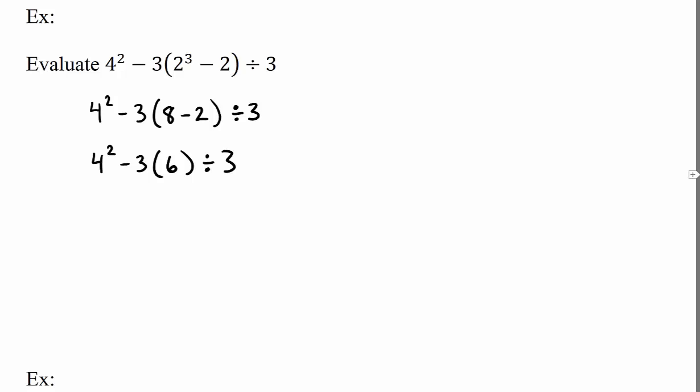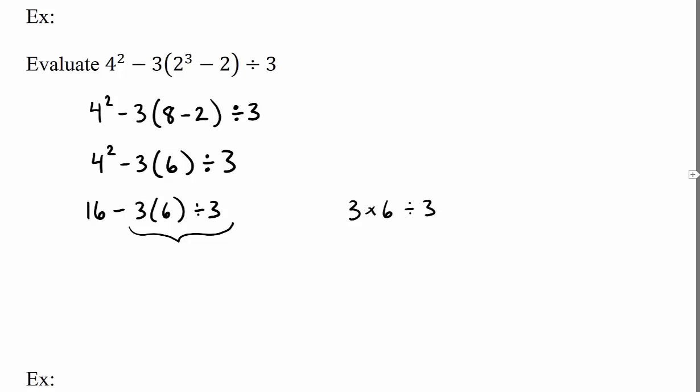We now have an exponent to do. So 4 squared is 4 times 4, that's going to be 16, take away 3 times 6, divide by 3. Now looking here, I have a bunch of multiplication and division. So this is 3 times 6 divide by 3.